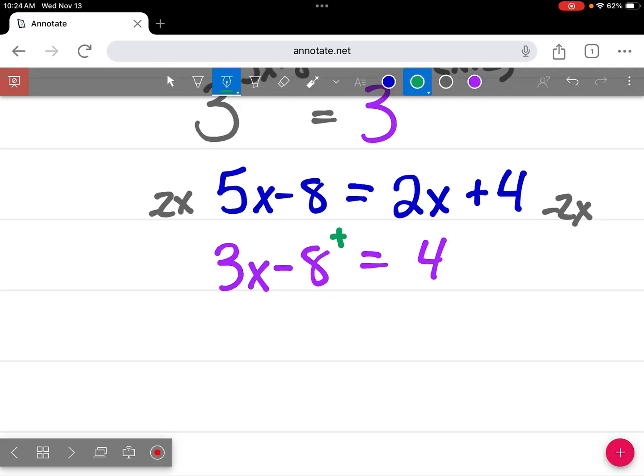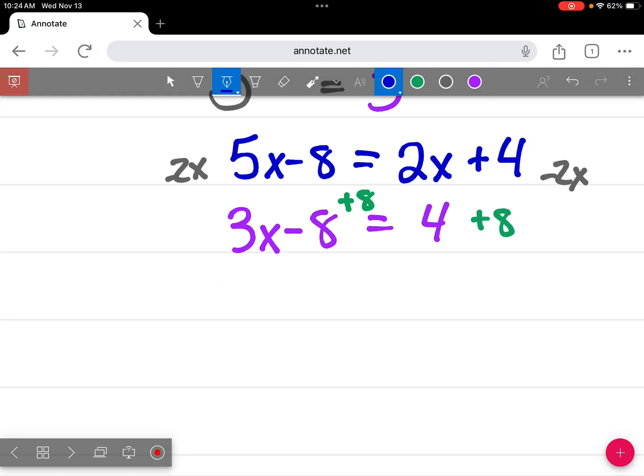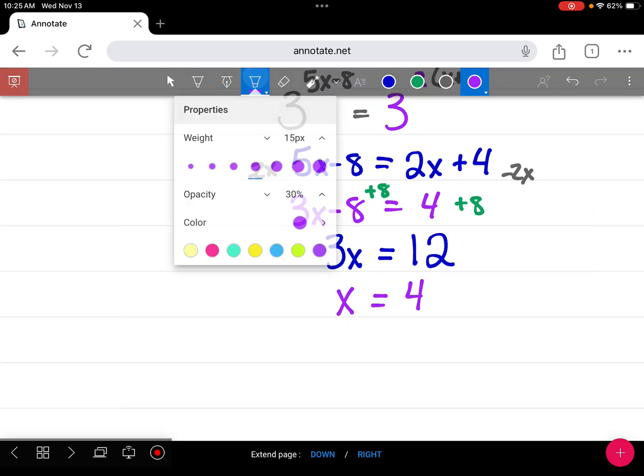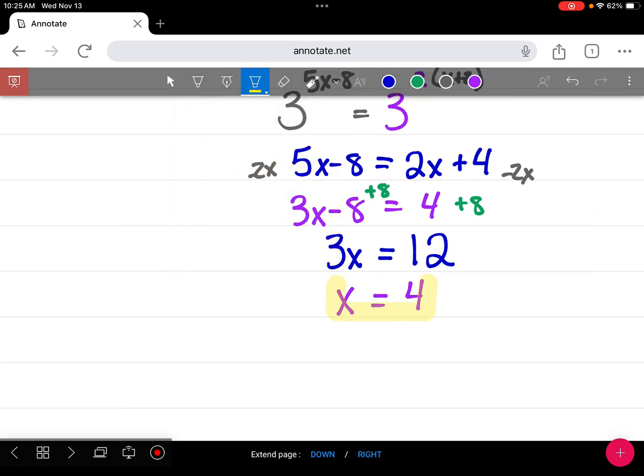And then, as I heard on the last one, we're going to add 8 to both sides so that we get 3x equals 12. And then we divide both sides by 3, and we get x equals 4. So get yourself to the same base, and then we can do what we need to here.